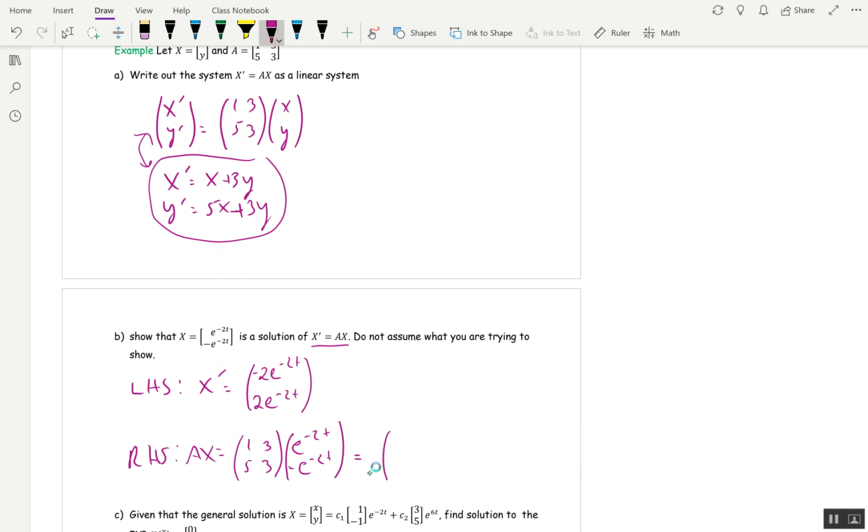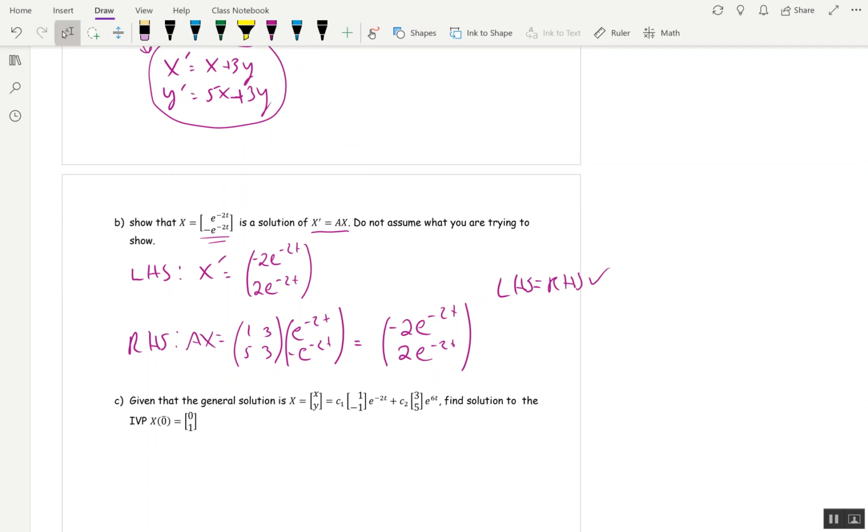E to the negative 2t minus 3 e to the negative 2t is negative 2 e to the negative 2t. And then 5 e to the negative 2t take away 3 e to the negative 2t is 2 e to the negative 2t. So yes, these are equal. Left-hand side equals right-hand side. So again, we're just verifying we have a solution. In the next section, we'll be able to find these solutions ourselves.